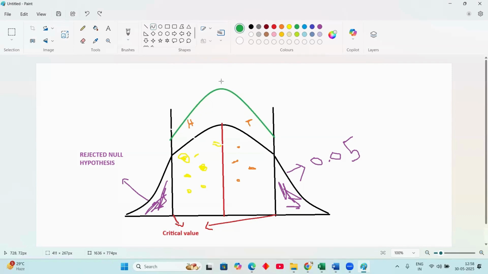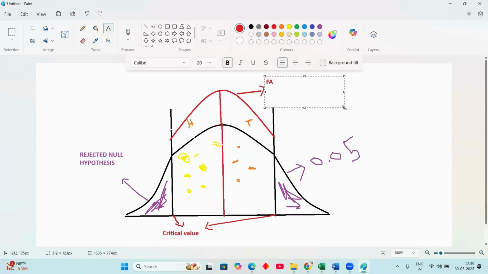So generally it fails to reject the null hypothesis.